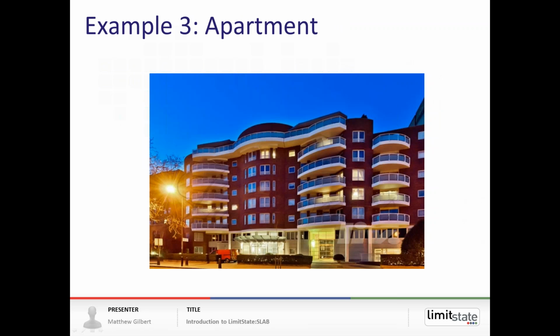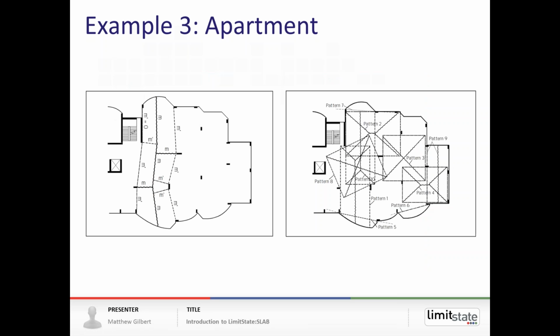And then moving on to something a little bit more practical, the work done by the Concrete Centre a decade or so ago involved analysing the slab in the London building you can see in this photograph. You can see on the next slide various different yield line patterns that they tried, and they tried lots of different yield line patterns, and they analysed each of those by hand.